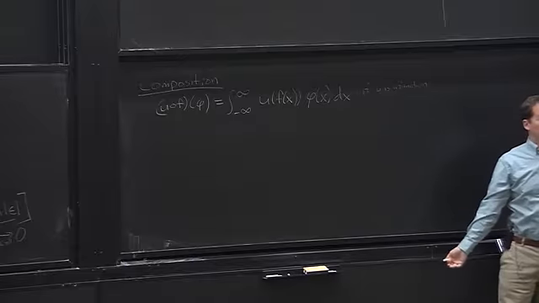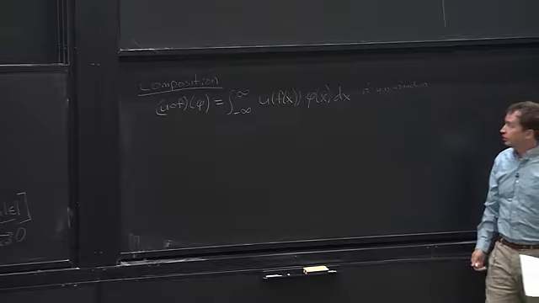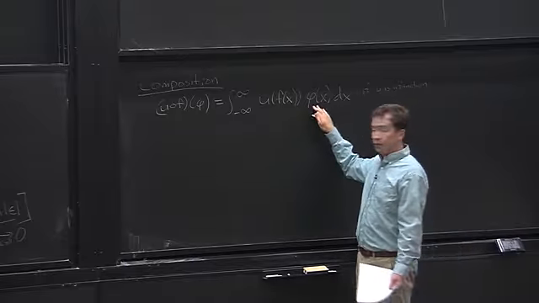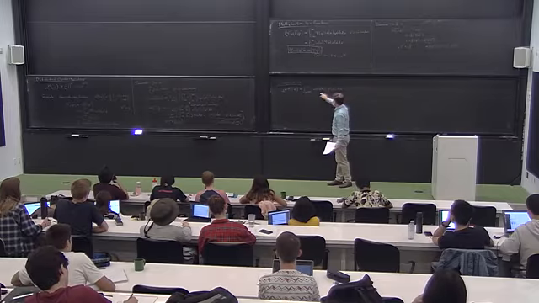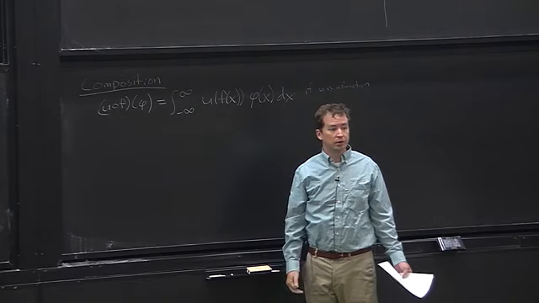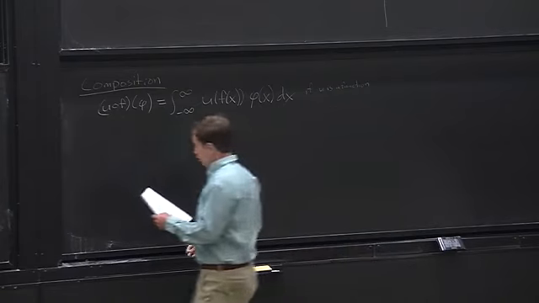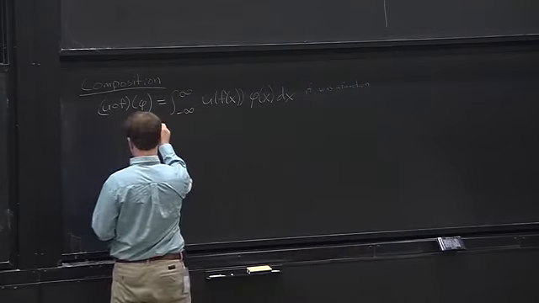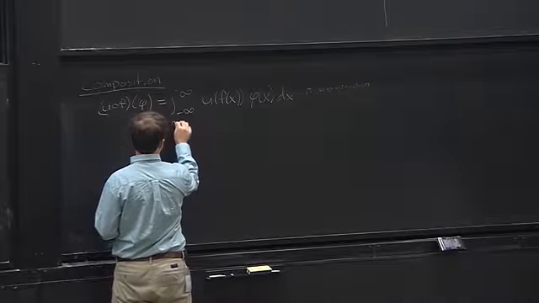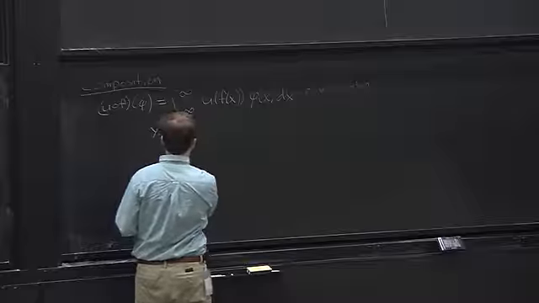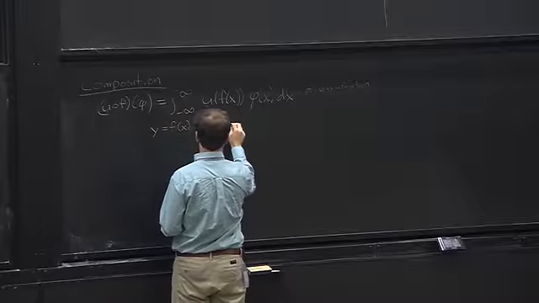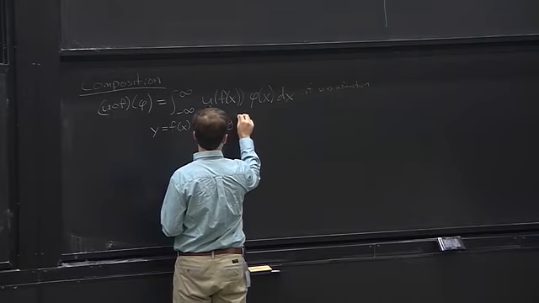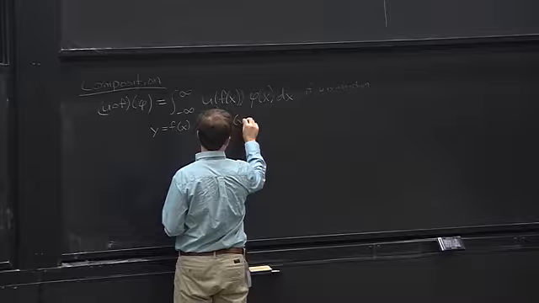Again, there's only one possible thing we can do without knowing anything about the functions other than that phi is a test function, and that's to make a change of variables. We can call y equals f of x, and to slightly simplify notation, I'll write f inverse as g.